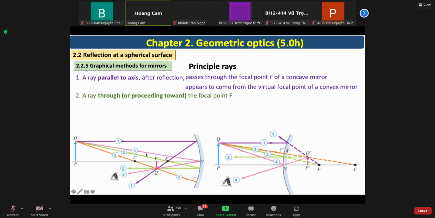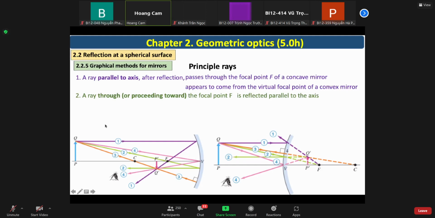And for the second ray, a ray through the focal point in the case of concave mirror, or a ray proceeding toward the focal point F for the case of convex mirror, is reflected parallel to the axis.